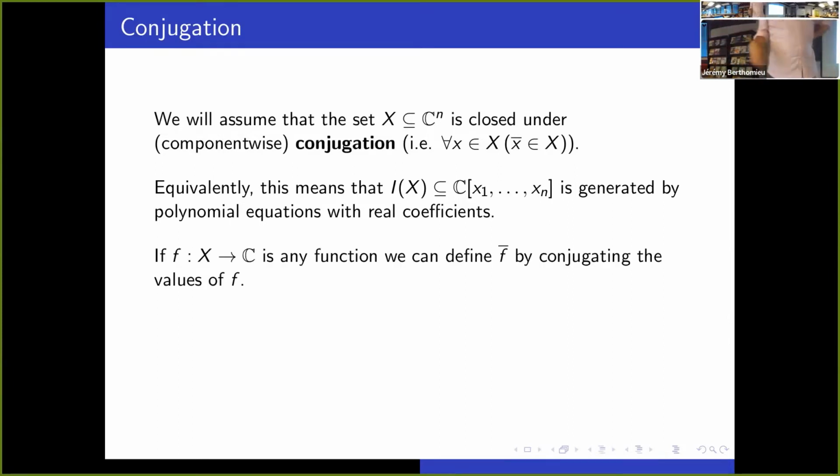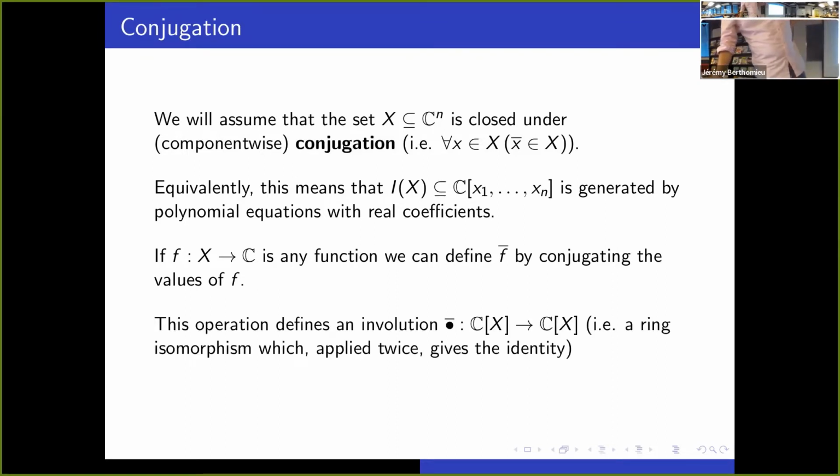And if f is any function from X to C, we can define the conjugate of f, f bar, by conjugating the values of f. This operation defines an involution from C[X] to C[X], and this involution is a ring isomorphism which applied twice is the identity.